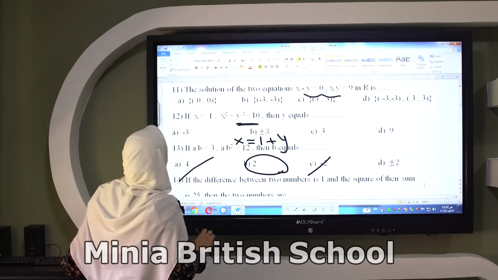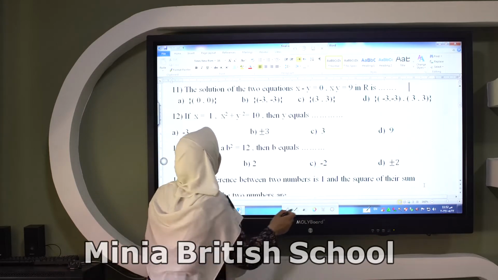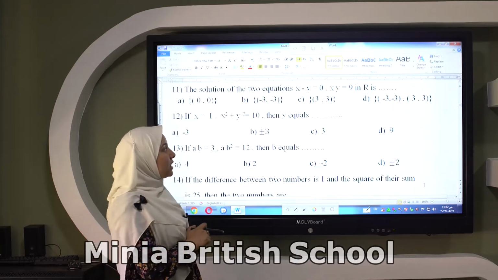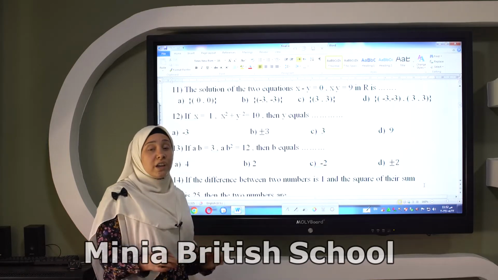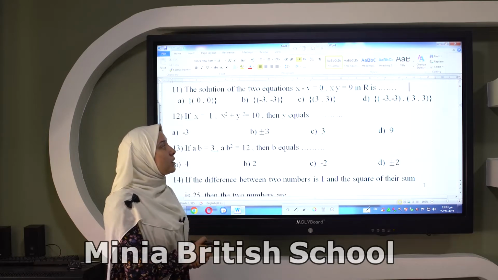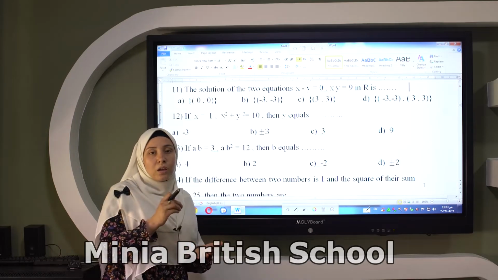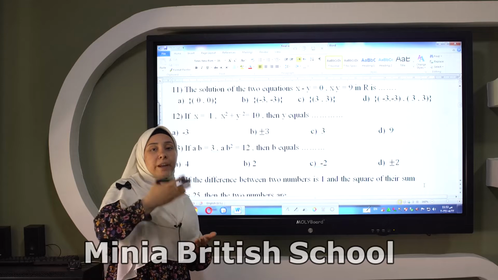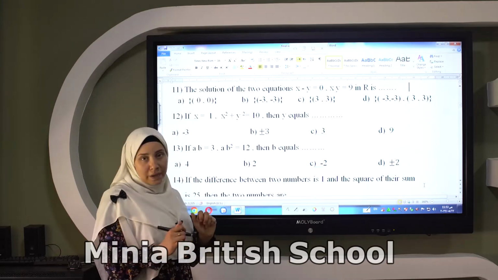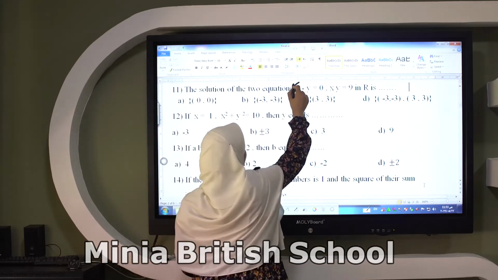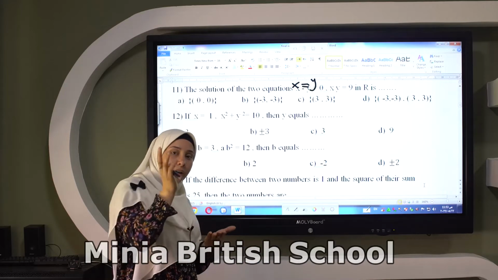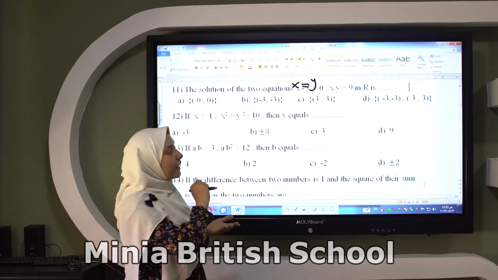Number 11, the solution set of the two equations x minus y equals 0, xy equals 9 in real numbers is what? You can separate one variable in the first equation. So x equals y, then substitute it for the variable in the second equation.